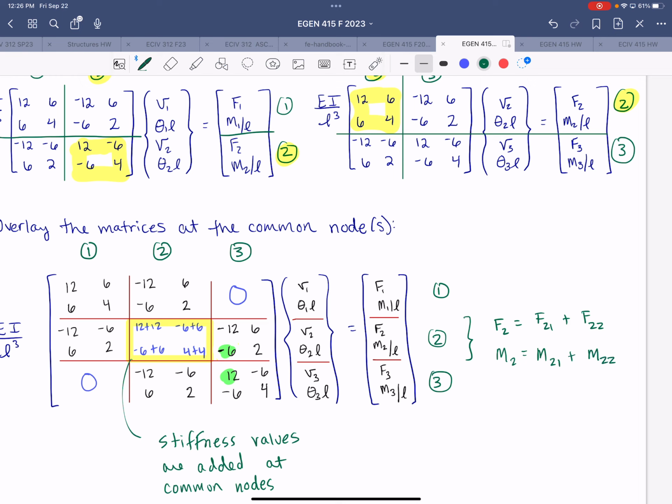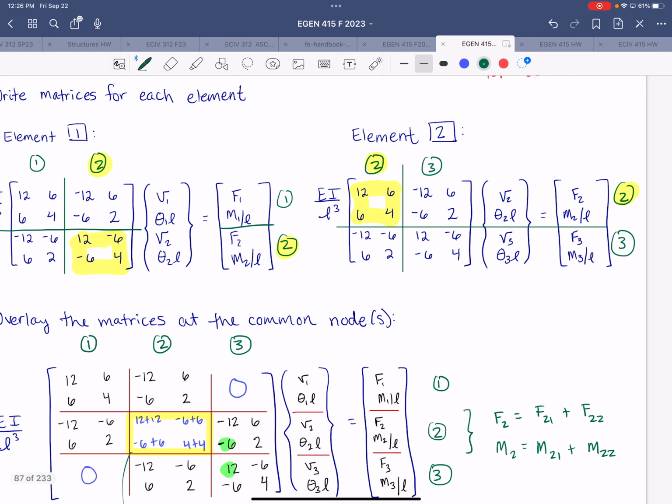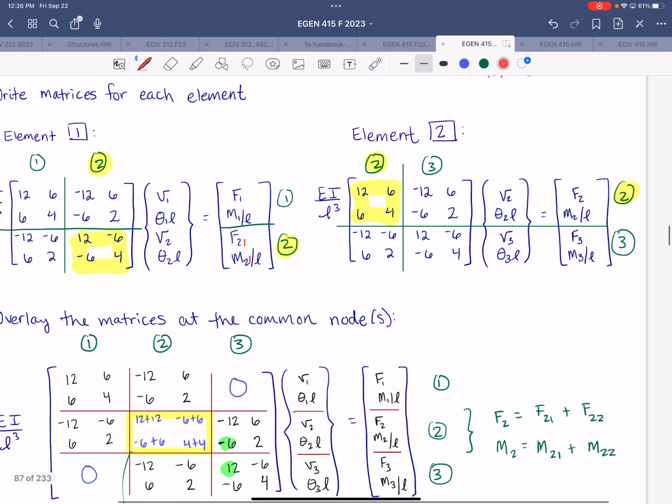So if you were to evaluate those elements individually, like in the individual matrices here, this would technically be M21 and F21 in here, and this would be F22 over here and M22.